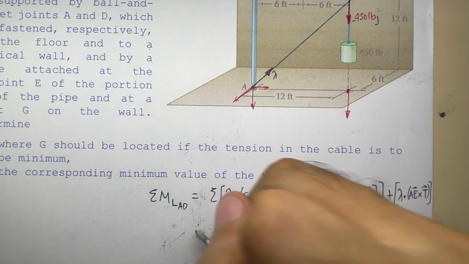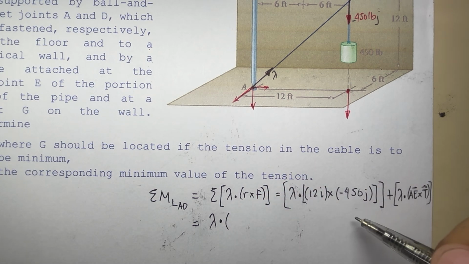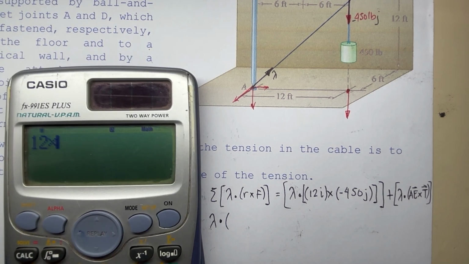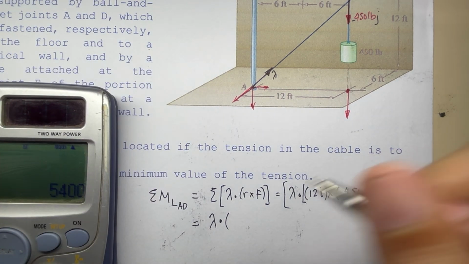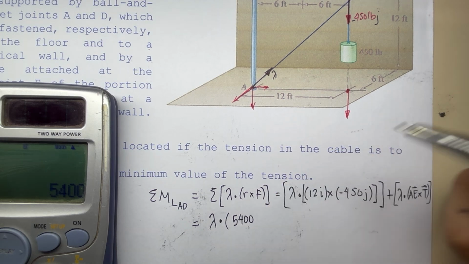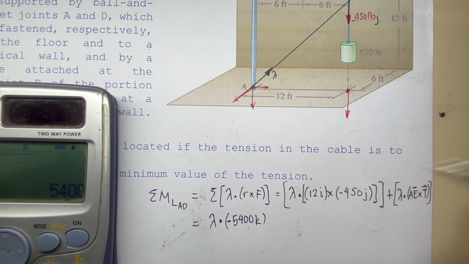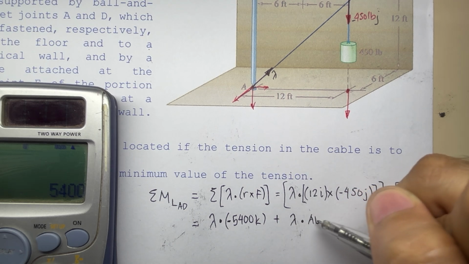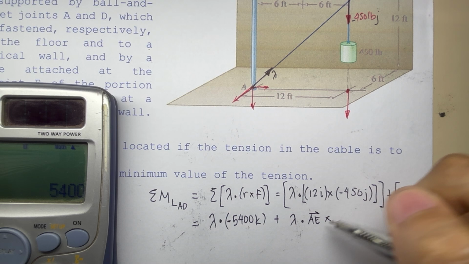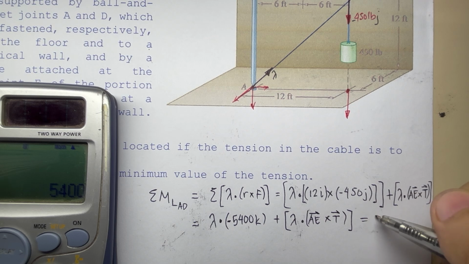We have lambda dot product of 12 times 450, which is 5,400. We have I cross J is positive K, times negative, so negative K. Plus lambda dot product of vector AE cross product of our vector T. That should equal 0.